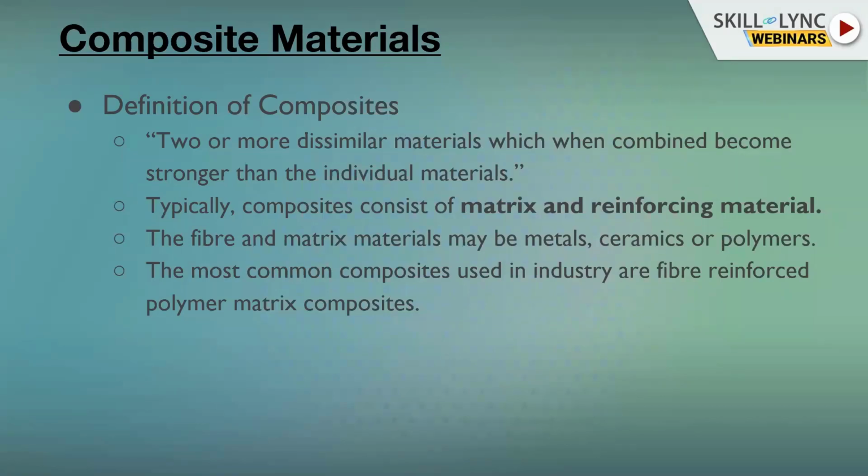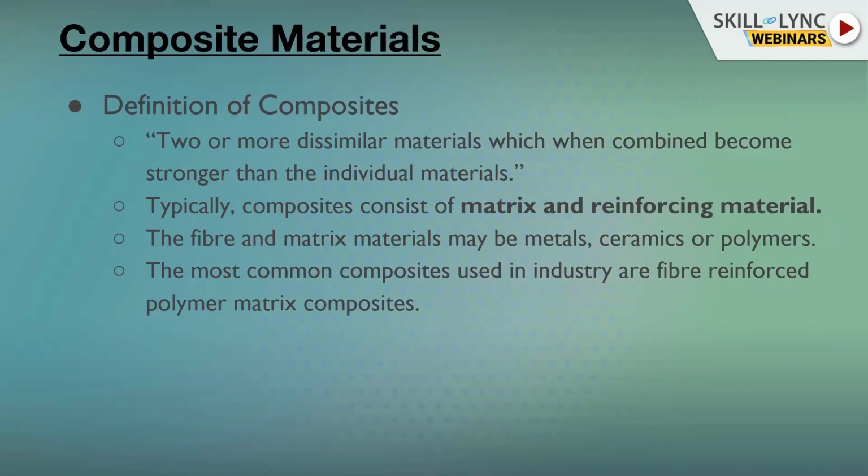Okay, so composites are basically two or more dissimilar materials which are combined together, and the outcome is better than the individual materials. In a composite material, there are usually two or more constituents, which we define as matrix and reinforcement material.